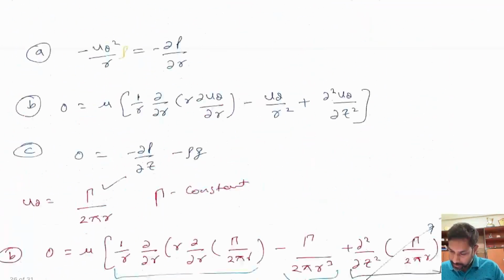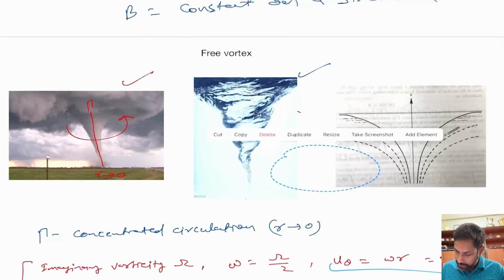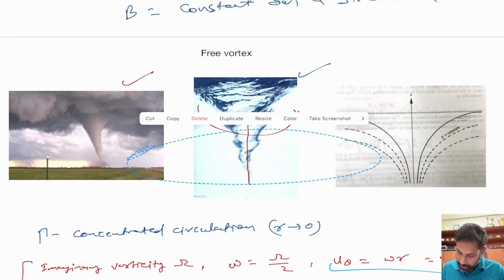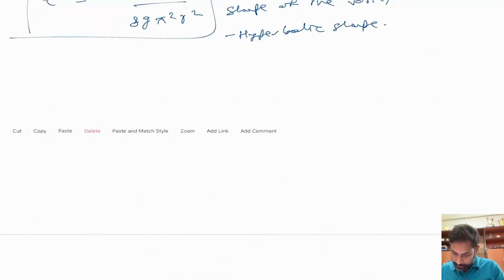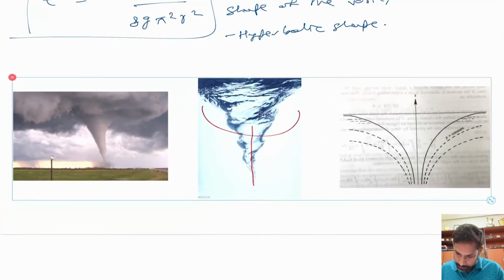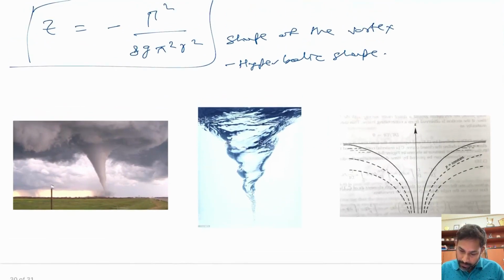So let's go back and pick these two images that we have considered, or all of these images, let's say. Okay, so what you see here is this particular curve, that is the interface between the air and the vortex, provided that this is your r, z equal to 0, 0.